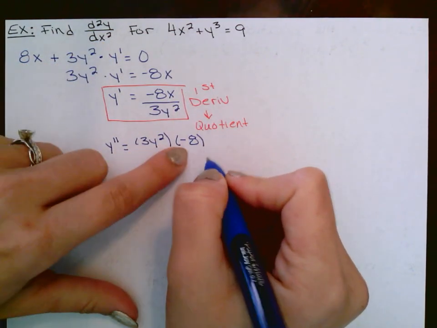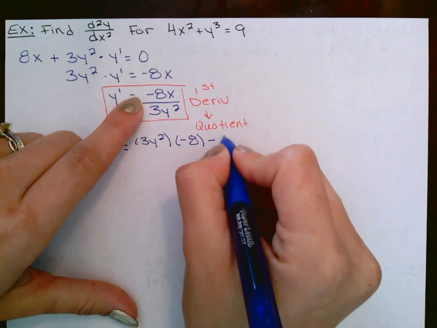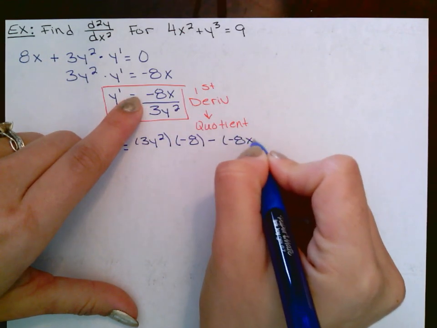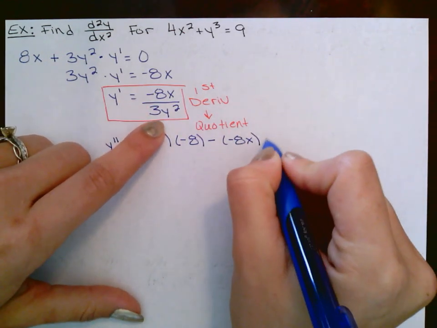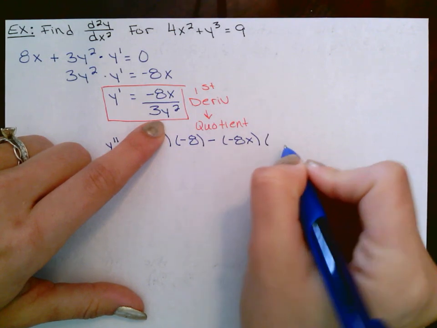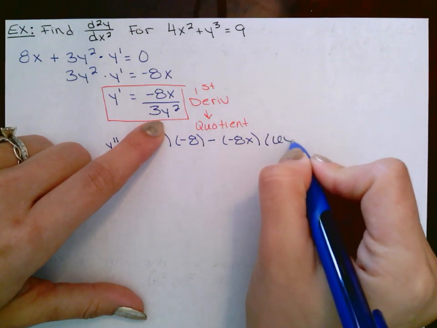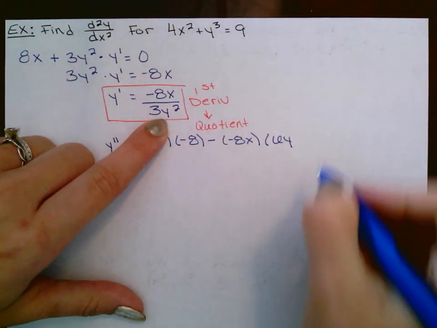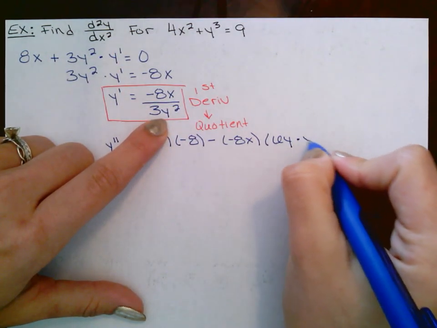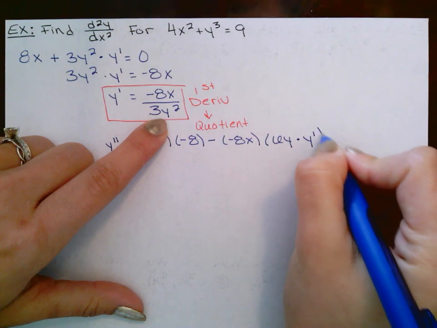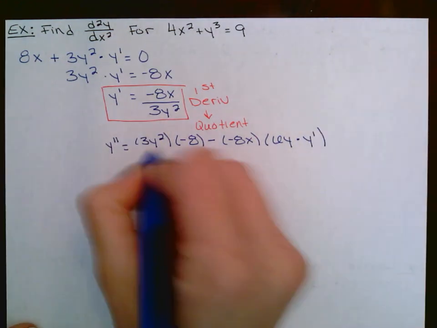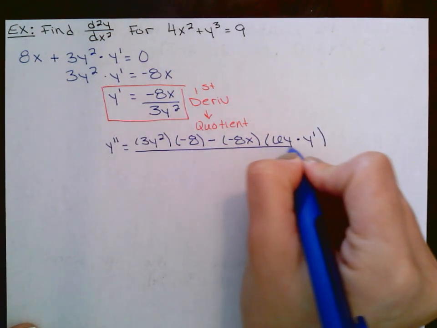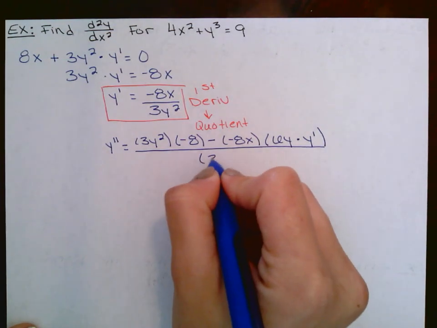So there's my low, D high, minus high, just rewrite, D low. Derivative of low is going to be 6y to the first, and because it's a different variable other than the denominator, I have to do my implicit, okay? Over low squared.